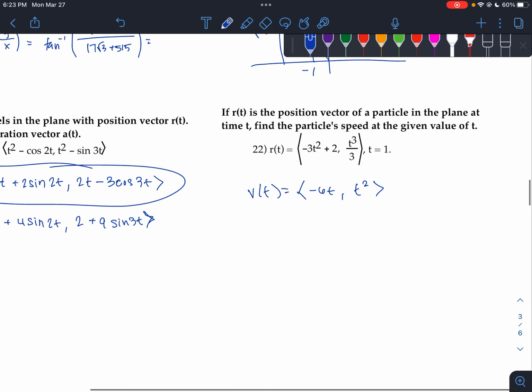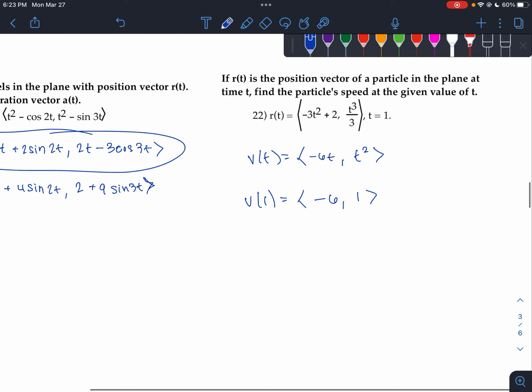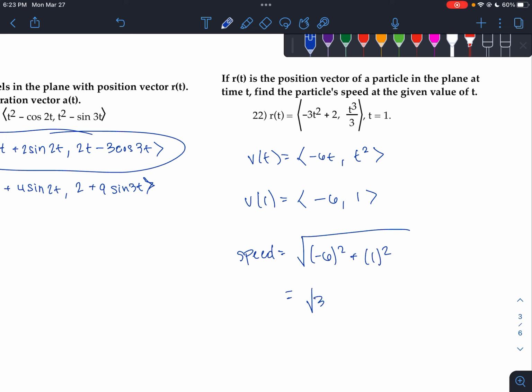And then v of 1 is going to be equal to, you're going to have to plug in 1 into your velocity vector, so it's going to be negative 6, and then just 1. But to find your speed, you'll have to do the square root of negative 6 squared plus 1 squared, which is going to be equal to square root of 36 plus 1, which is going to be equal to square root of 37. So that's going to be your speed.